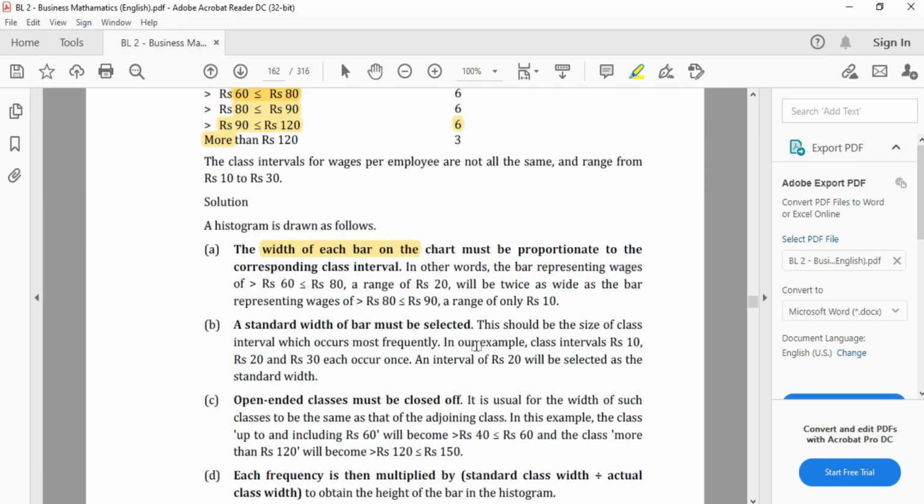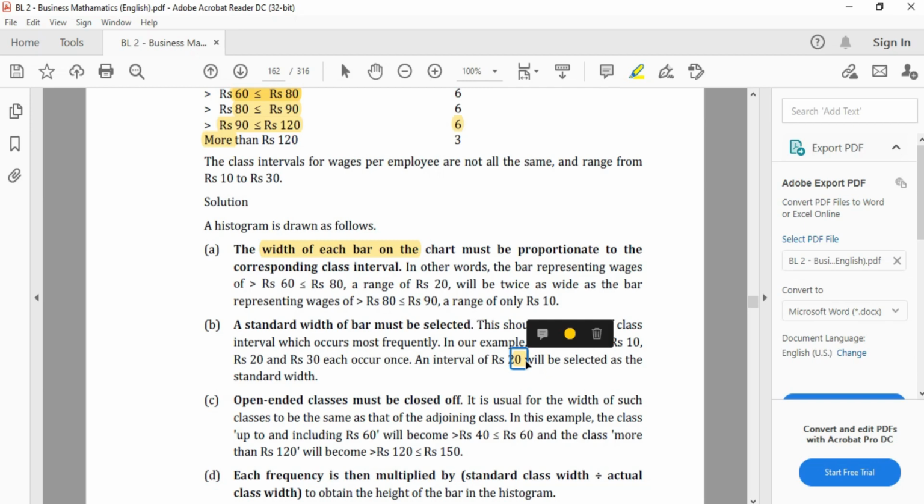Now, we had 20 width first and then 10 width and then we had 30. But in this example they have chosen 20. There is no proper reason to it, but just that a common representative for 10 and 30 could be reasonably 20 because it's a middle value. Okay.